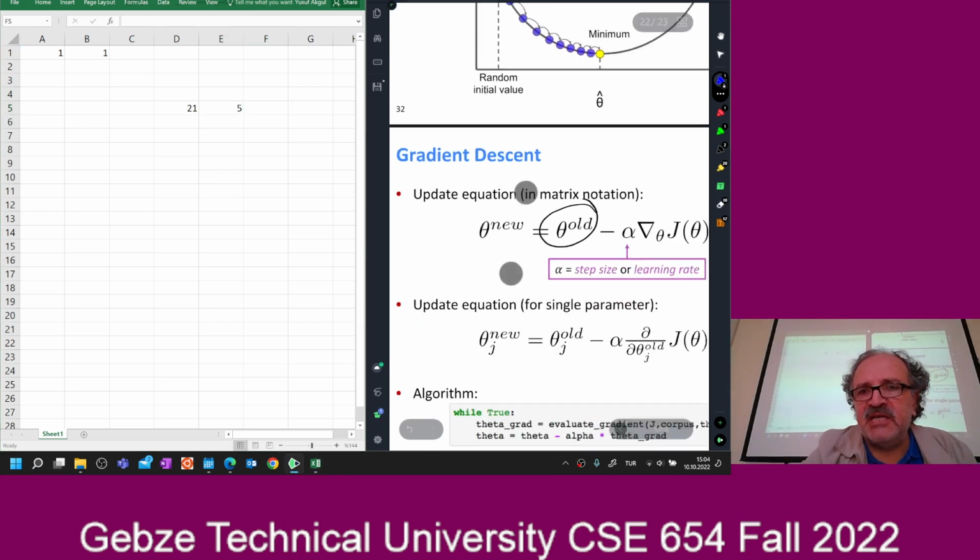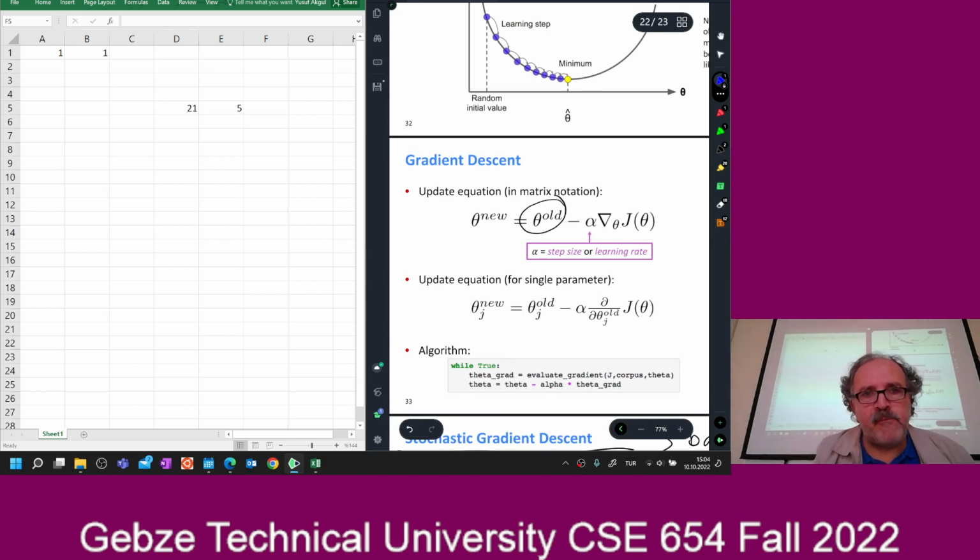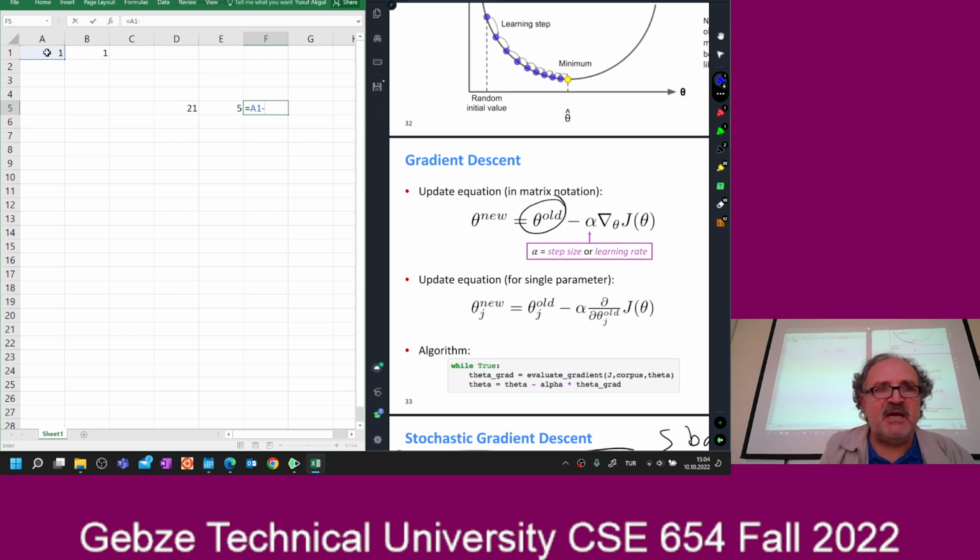And let's write this equation. And this one is going to give me my new parameter, which equals this one minus, what is my alpha? Let's make this alpha, right?